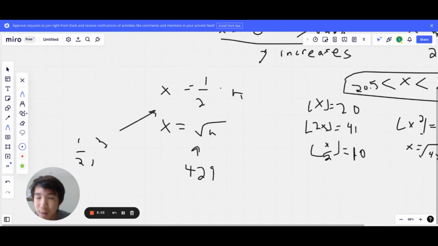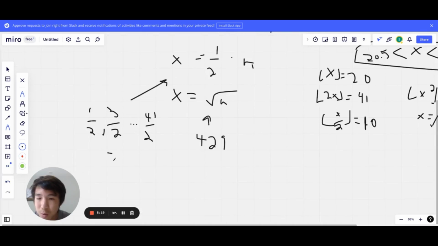Since we know that x is bounded between 20.5 and 21, our last one is going to be 41/2. And this is 21 terms, 21 increases. So our total number of increases is 21 plus 429, which is 450, and that is our answer.